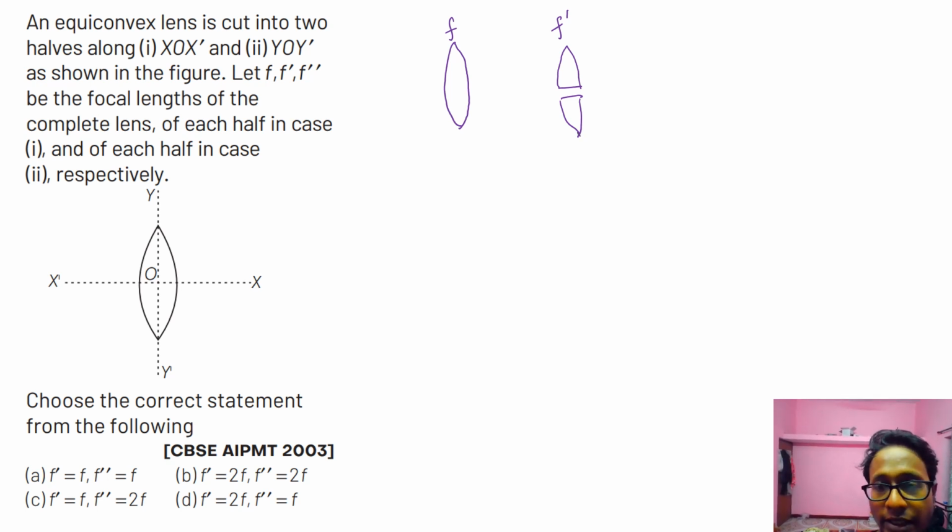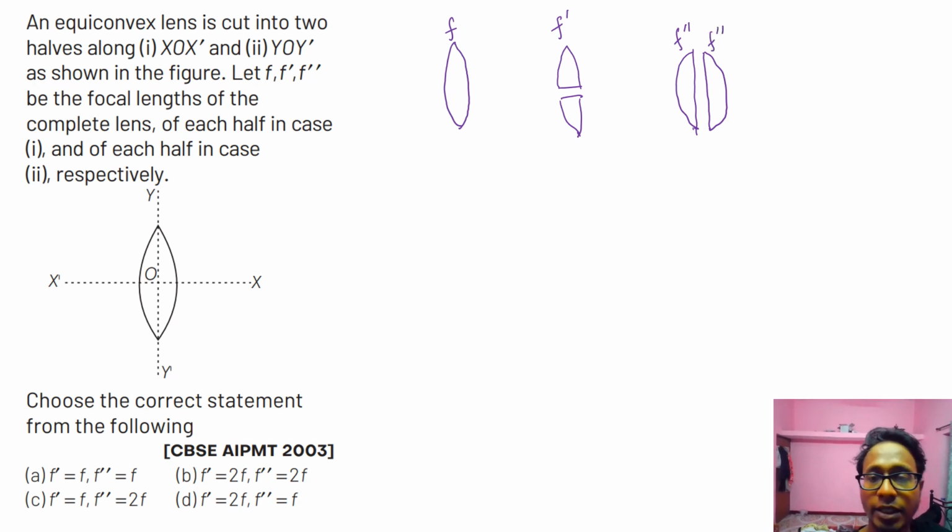And if I cut the lens in this other half, the focal length of each of the lenses is f double dash. In the previous slide, I have shown that the magnitude of focal length of this one would be the magnitude of focal length of this one. So first, let us deal with these two cases, f and f double dash.